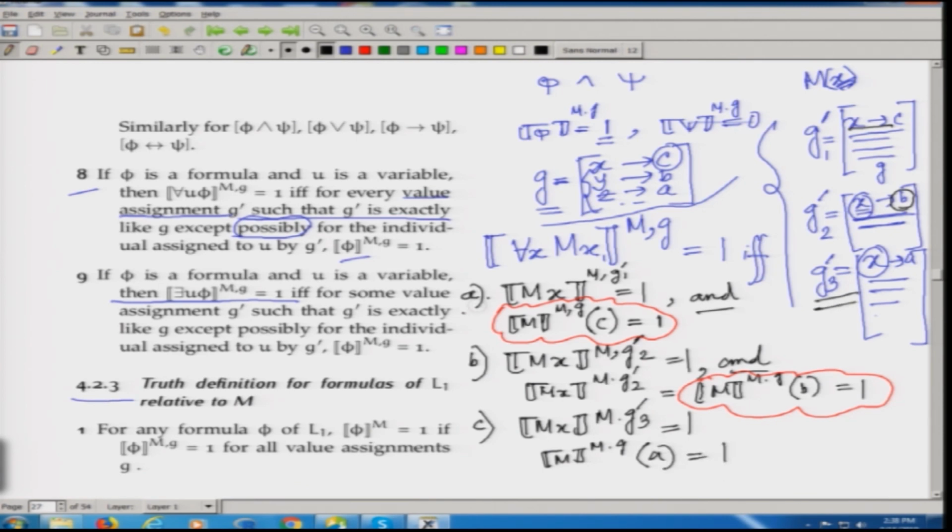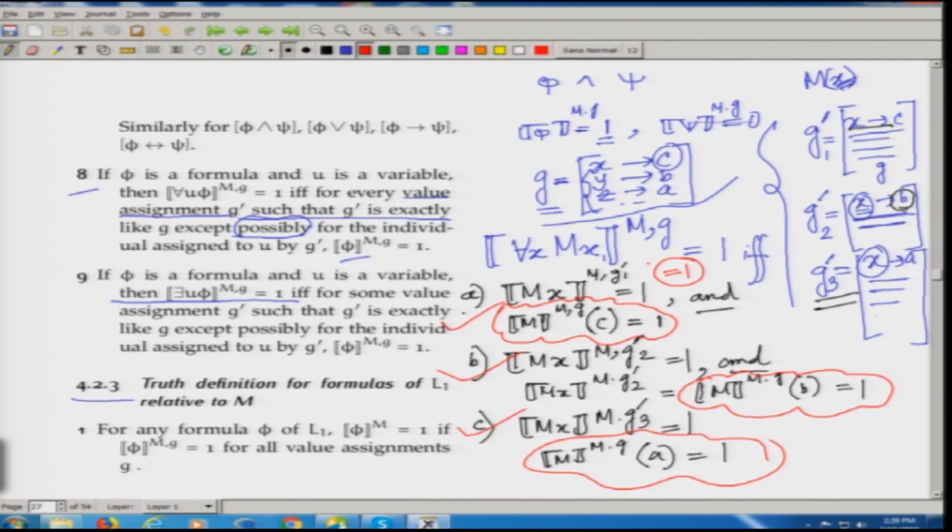Since all three conditions are fulfilled, we must say that the value of this therefore is actually 1.